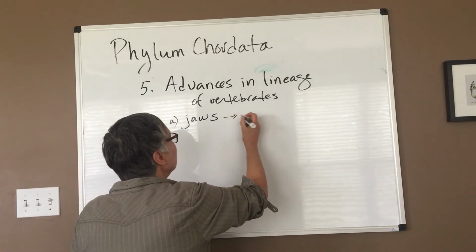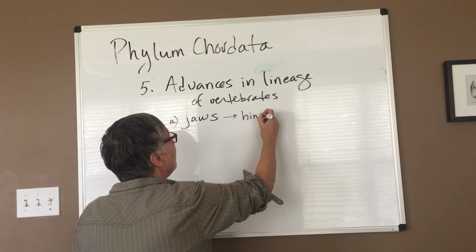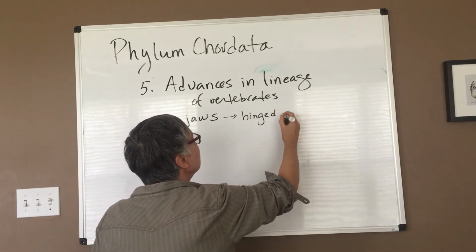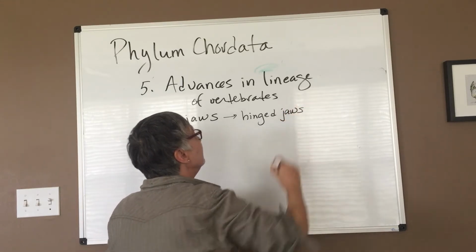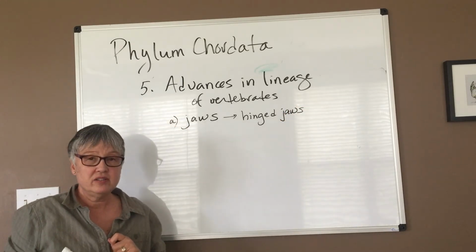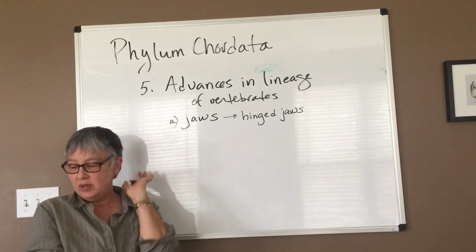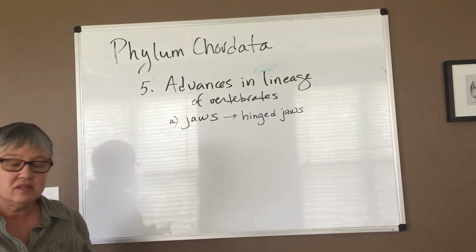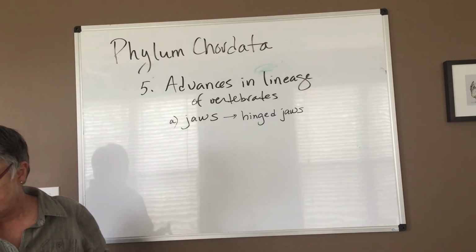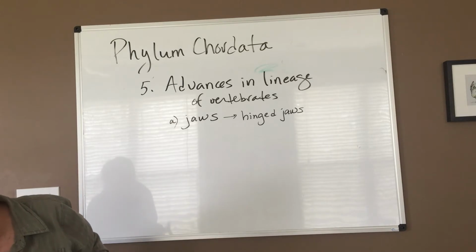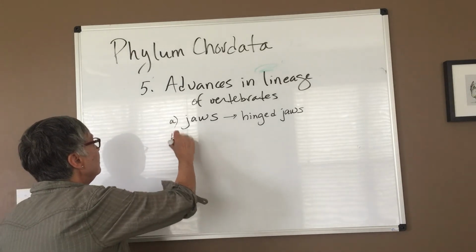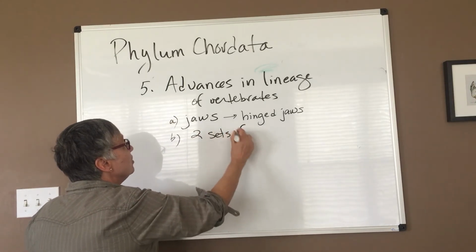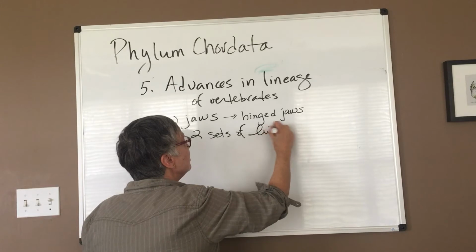A little bit later on, as we work our way up the vertebrate lineage, we will see the development of hinged jaws, which allows the mouth to open much further, which increases the type of organisms that the animal can feed on. Okay, another advance is 2 sets of limbs.